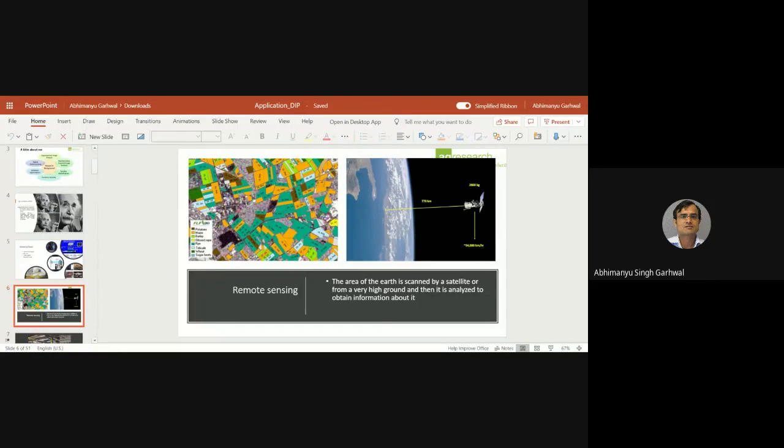The next application is remote sensing. Remote sensing is a very interesting area where an area of the Earth is scanned by a satellite from very high above the ground, and then analyzed to obtain information about it. You can see in the picture, the satellite is at almost 770 kilometers and moving around 24,000 kilometers per hour, capturing images at a very fast rate.